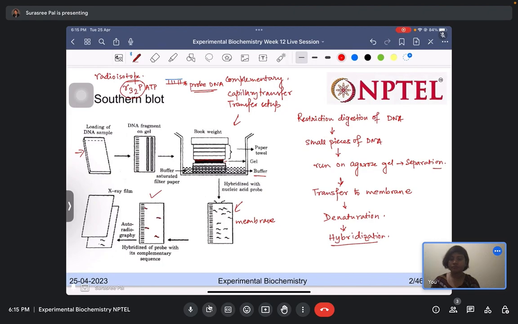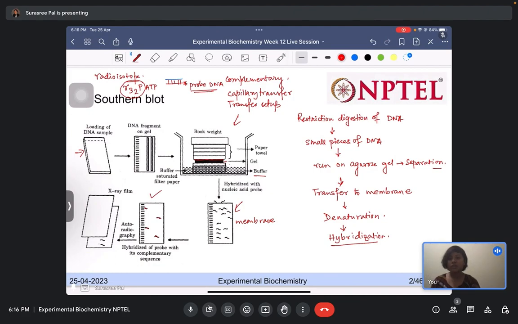And if this particular probe DNA is labeled with this radioisotope, then after this probe DNA hybridizes to the specific DNA of our interest on the membrane, this image can be developed by autoradiography, right? So we will keep this membrane onto a film where this autoradiograph image will develop, and we can visualize it.